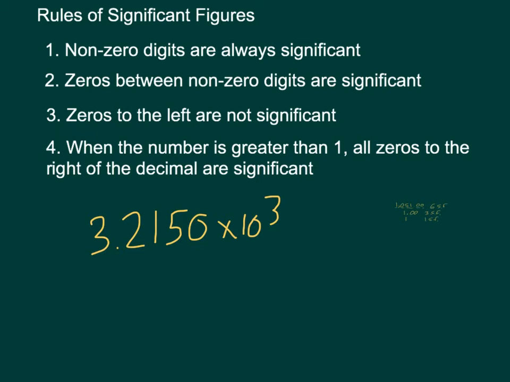So in this case, we have 1, 2, 3, 4, 5 significant figures on this number. Okay, the 0 to the right here is considered significant. Since scientific notation is always written as a number greater than 1, the zeros given in scientific notation to the right of the decimal are going to be significant.